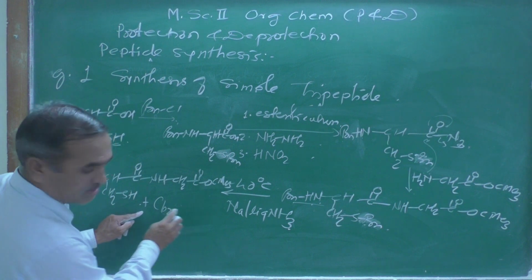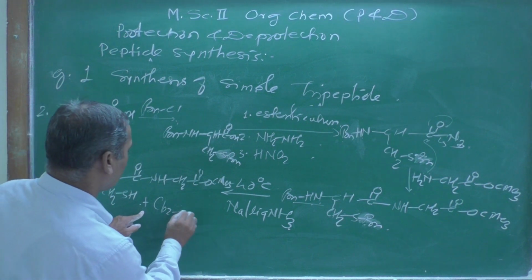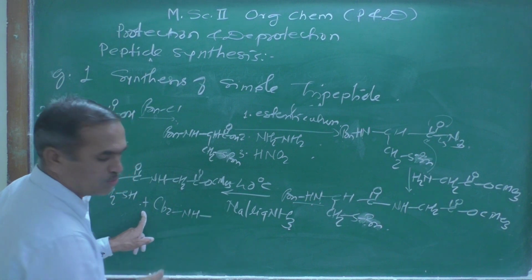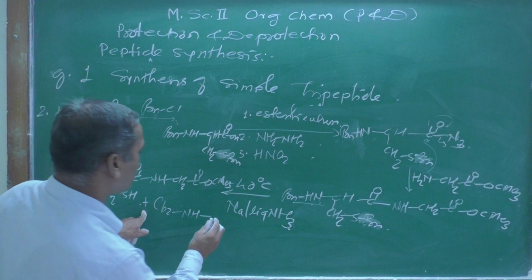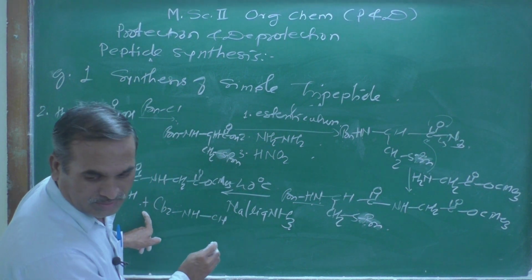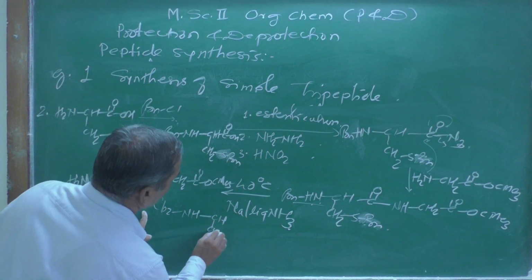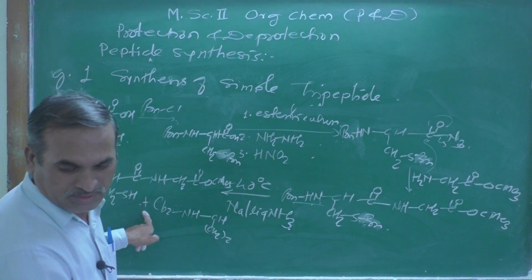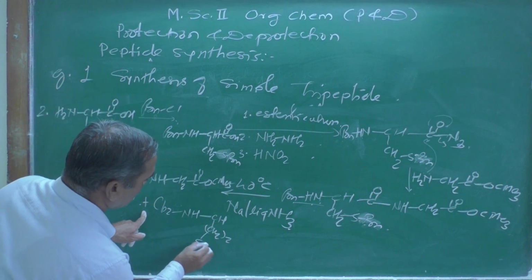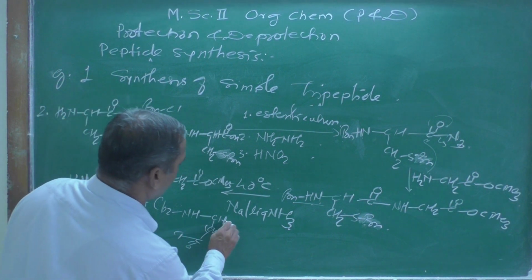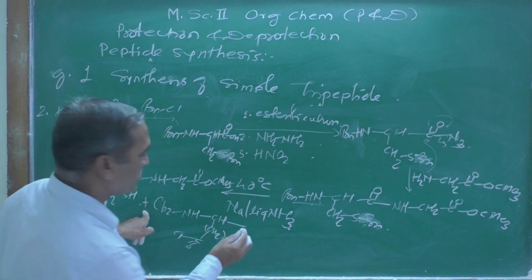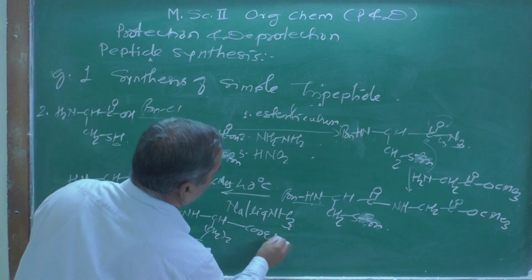CBZ, then CBZ is used to protect the amine group, then CH, then here CH2 twice, then C double bond O, Cl, and here this is a C double bond O, Et.